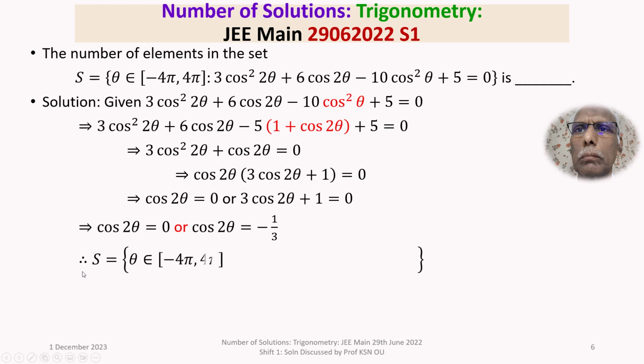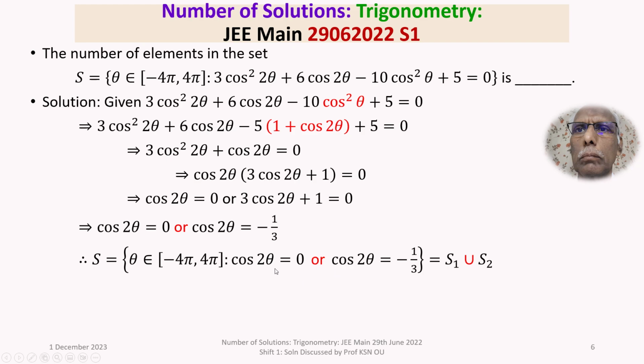Therefore, the above set S is the set of all theta belonging to the closed interval minus 4 pi to 4 pi such that cos 2 theta is equal to 0 or cos 2 theta is equal to minus 1 by 3.